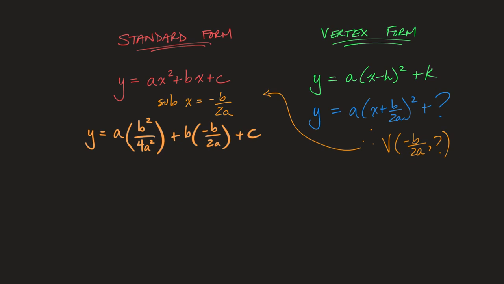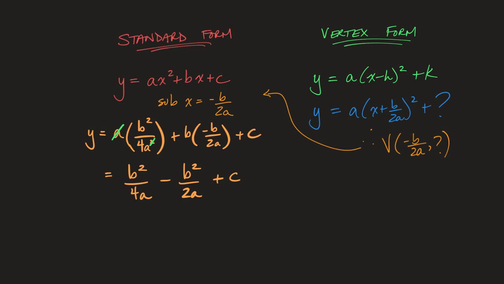Okay, now I want to simplify. When I simplify, we should be good that I can cross-reduce my a on my first term. And that gets me to b squared over 4a minus b squared over 2a plus c.